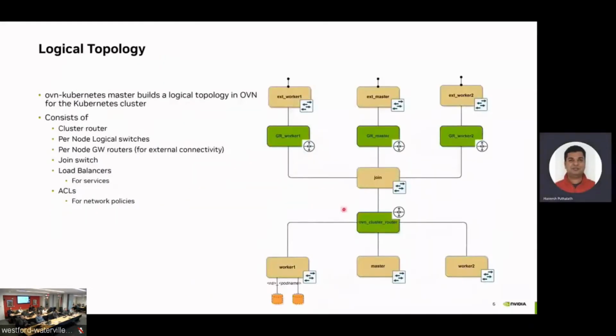Okay, let's take a look at what happens when Ovn-kubernetes is deployed inside a Kubernetes cluster and before any pods are created. Ovn-kubernetes, specifically the Ovn-kubernetes master, builds a virtual network with a specific logical topology for a Kubernetes cluster. This topology consists of a set of logical objects like logical switches or logical routers.